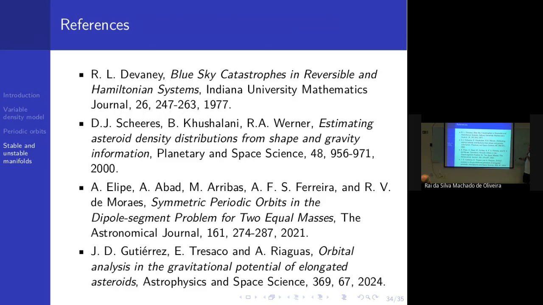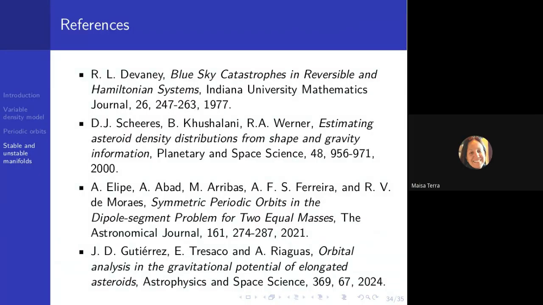But we haven't examined yet a systematic comparison between asymmetric and symmetric densities. We computed some periodic orbits for an asymmetric convex distribution, but this work is more about comparing different density distributions. So we haven't studied it systematically yet. I don't know if this answered. Yes, thank you.